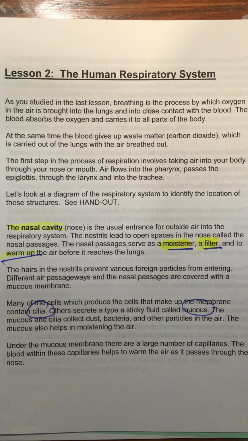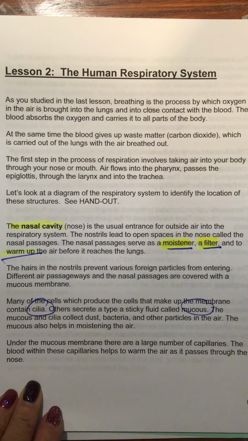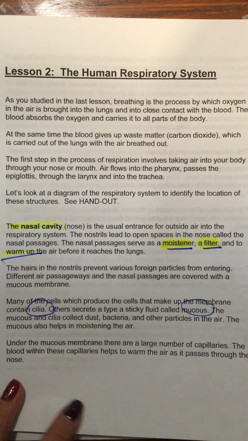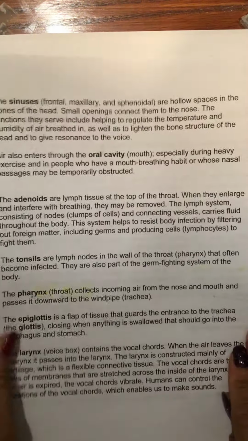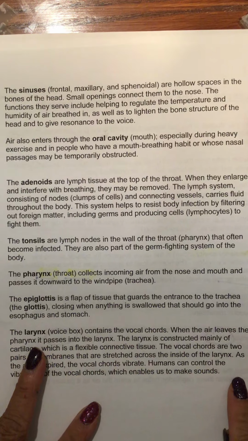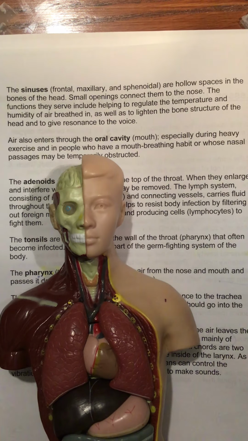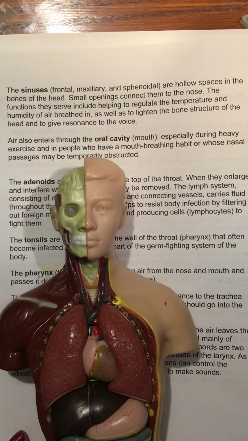So again, those are your defense mechanisms. So it's better to breathe through your nose because it moistens, it filters, and warms the air before it reaches your lungs. Now, within your head, you have these sinuses.